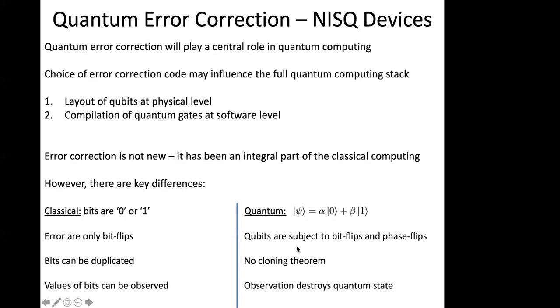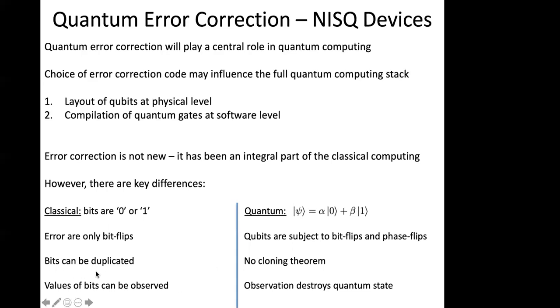But the key differences are that classical bits are only 0 or 1, but quantum bits are in superposition. So in the classical domain, errors can only be bit flips, like 0 becomes 1 or 1 becomes 0. But in qubits, errors are very complex, because there will be not only 0 becoming 1 and 1 becoming 0, but also the phase changing, the qubits rotating on the sphere that I was talking about earlier.